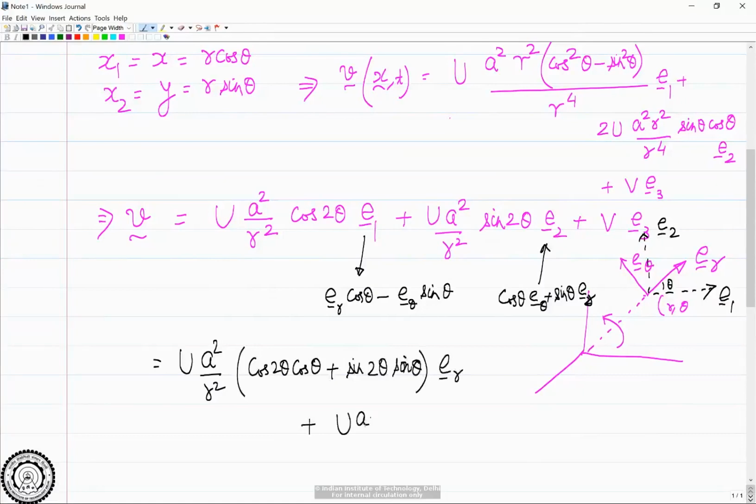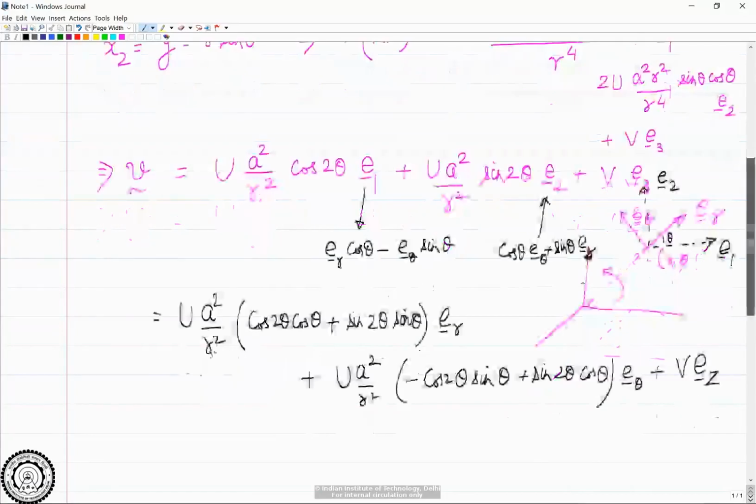And then the E theta component is minus cos 2 theta sine theta plus sine 2 theta cos theta, into E theta. And finally, it is V into E3, which is the same as EZ for the cylindrical coordinate system.